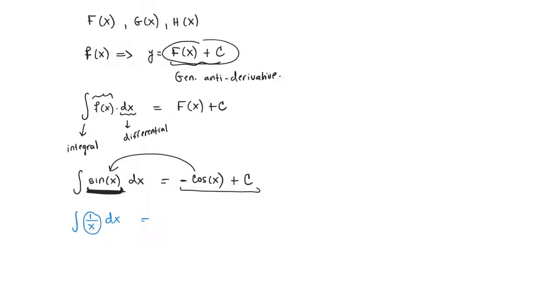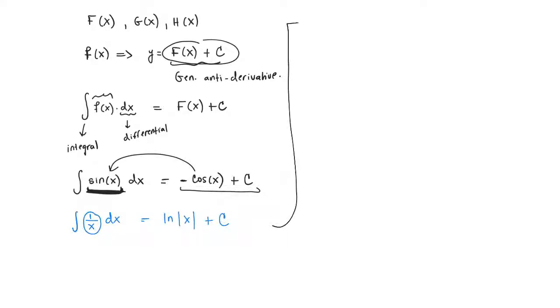So think about a function so that when you differentiate it, you get 1 over x. Hopefully you're thinking of ln. So then this will be equal to the natural logarithm of the absolute value of x plus c. Honestly, that's all that it means. It's just notation for now.